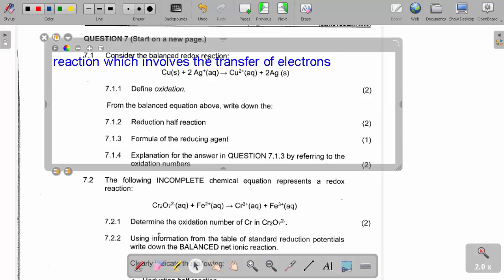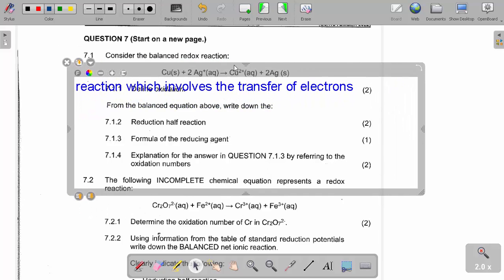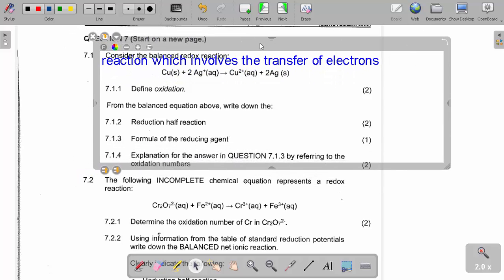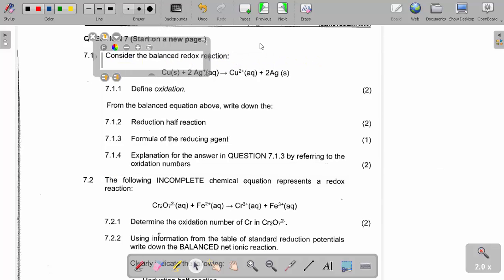Then next they said that, oh, they wanted oxidation. Okay, I beg your pardon, guys. What is oxidation? Oxidation is the loss of electrons. Oxidation is the loss of electrons.